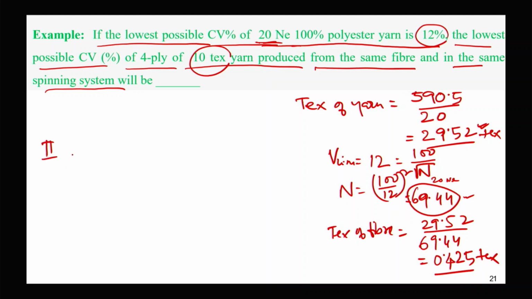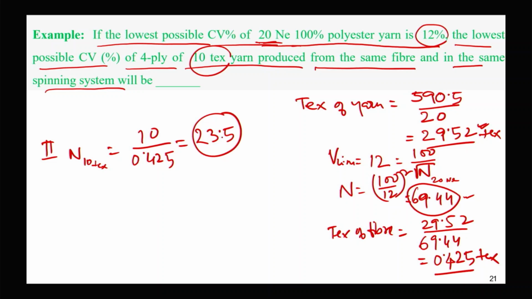So for 10 tex yarn, number of fibers in 10 tex is 10 by 0.425, it will become 23.5 number of fibers. And now the limiting CV, so the lowest CV possible.